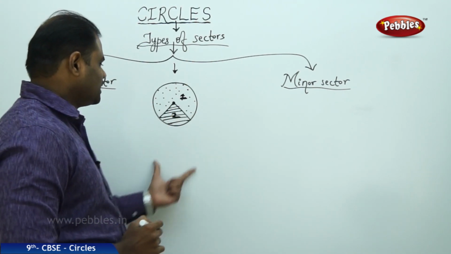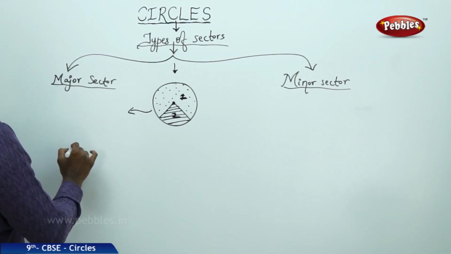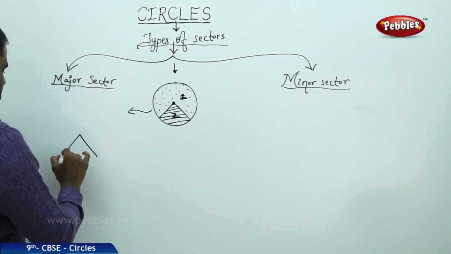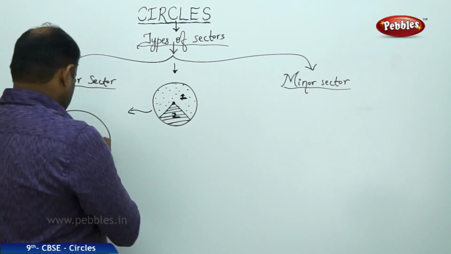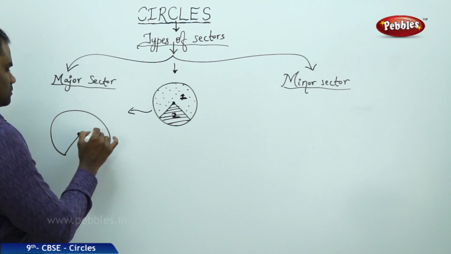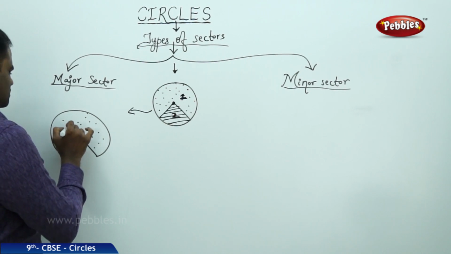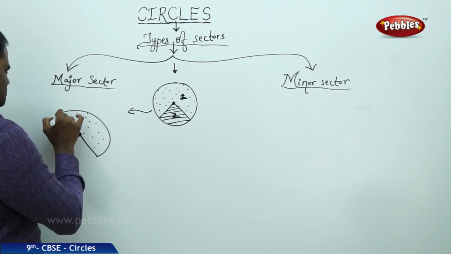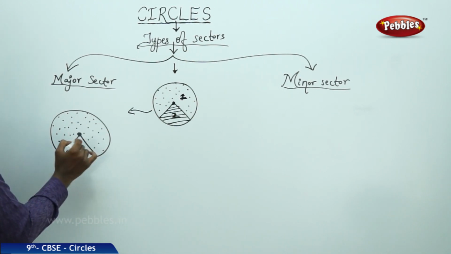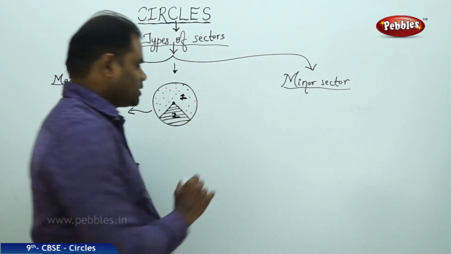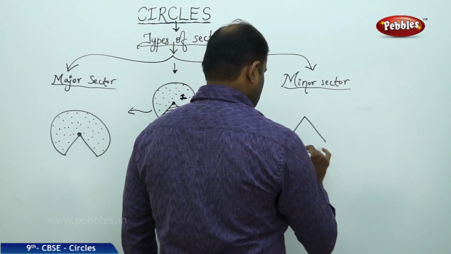So here let me take the two possible sectors with the first piece of pizza which is taken out here, and the second piece of pizza which is taken in this case, which is like this.